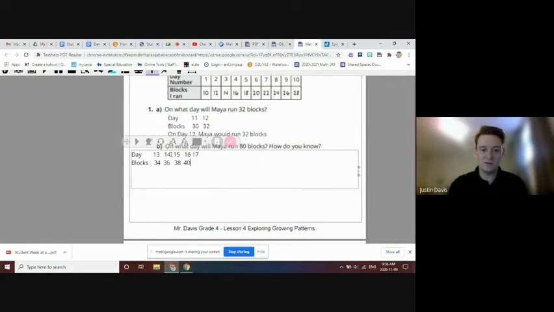On day 17, we have 42. And I could keep going all the way up until I get to 80 blocks. So I keep going until I get to 80. And it would be your job to figure out what day that would happen on.